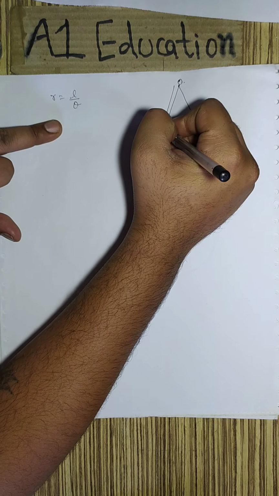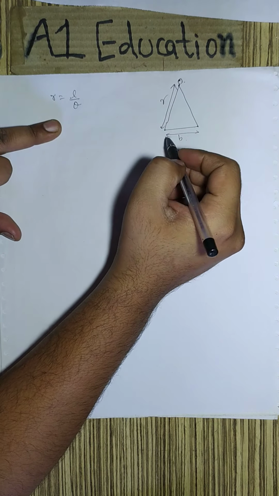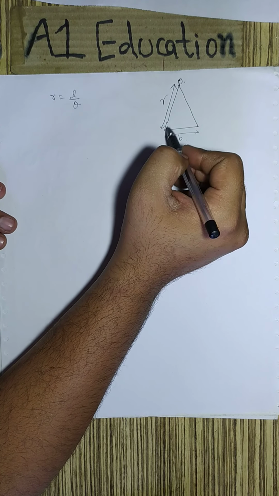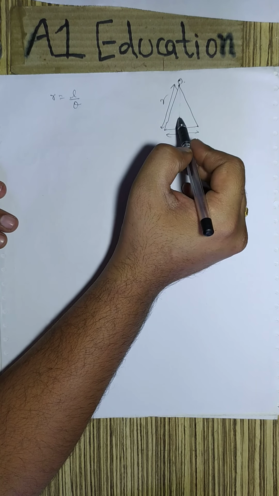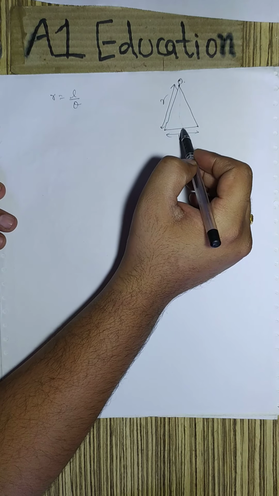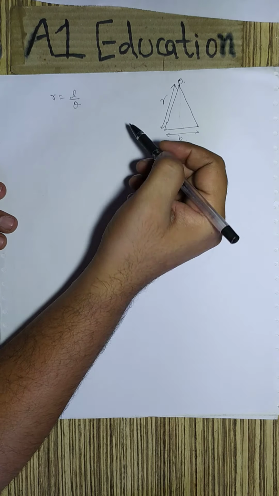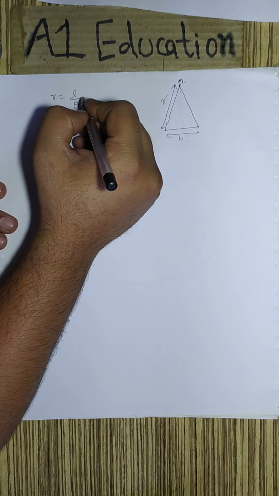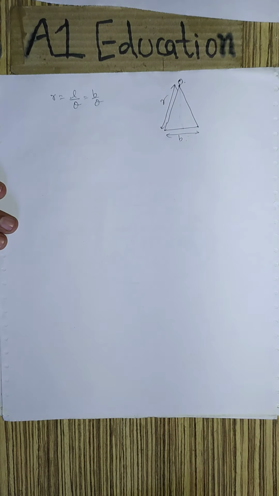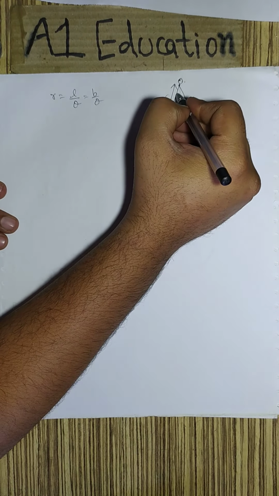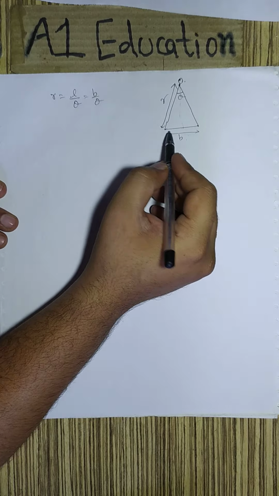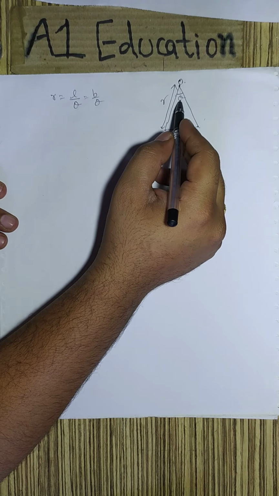This is the distance. These distances are very large, so it doesn't make a difference whether you measure this way or this way. Very large in the sense these are the astronomical distances which are measured using this method. This L is b by theta. Out of these three quantities, b and theta must be known.